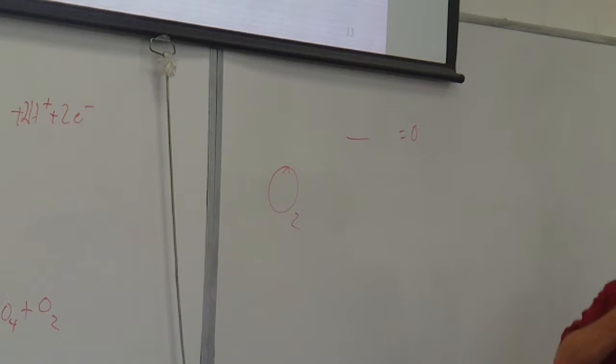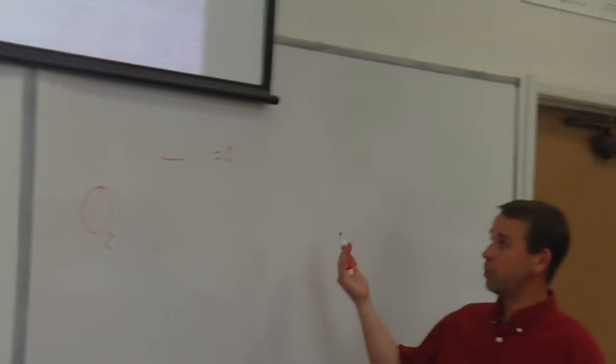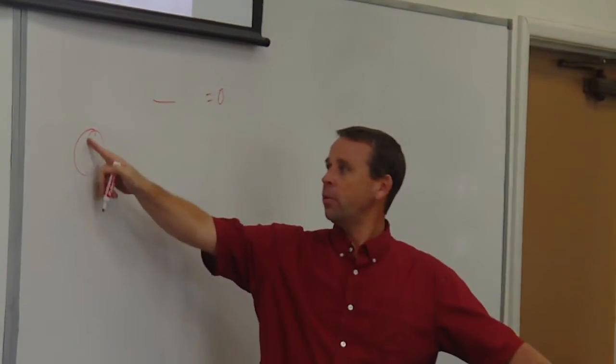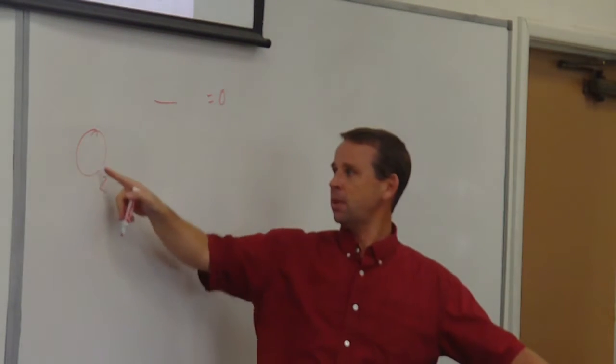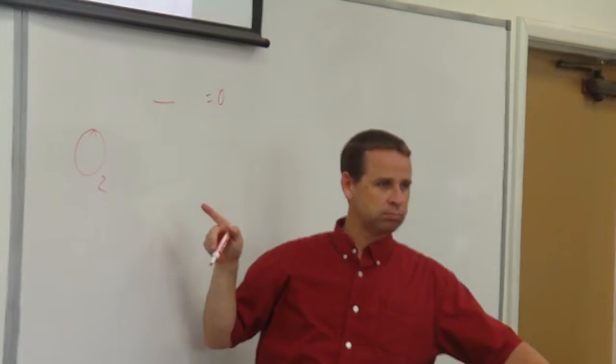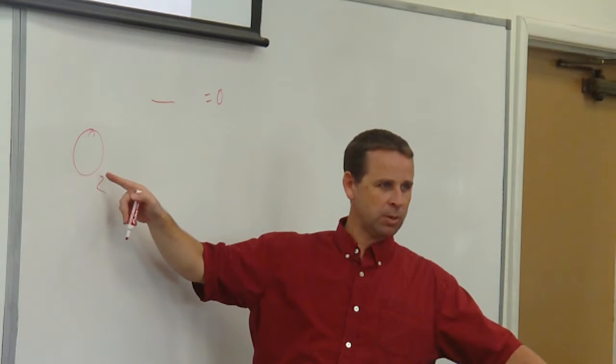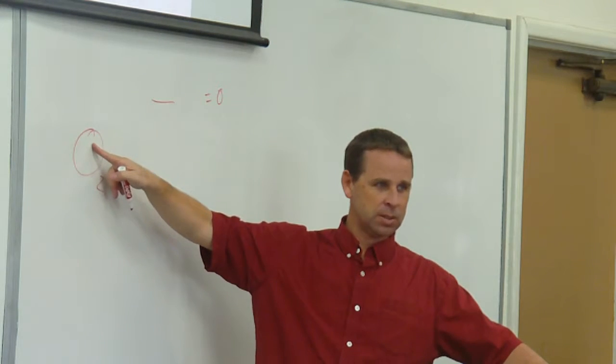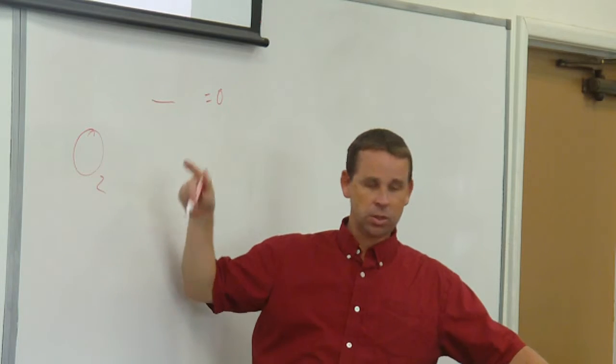Okay. But like this, we kind of forget that rule, because we've said that rule before, and it didn't stick. And so we have some other rule to help us. And I think this is pretty obvious. Whatever it is, if I multiply by 2, it equals 0. Whatever the oxidation number is there, right? You see that? No? Because the oxidation number here, whatever it is for oxygen, there's 2 of them.